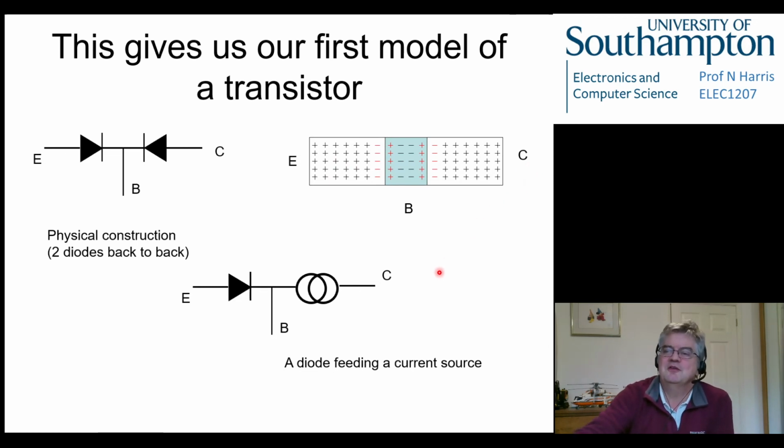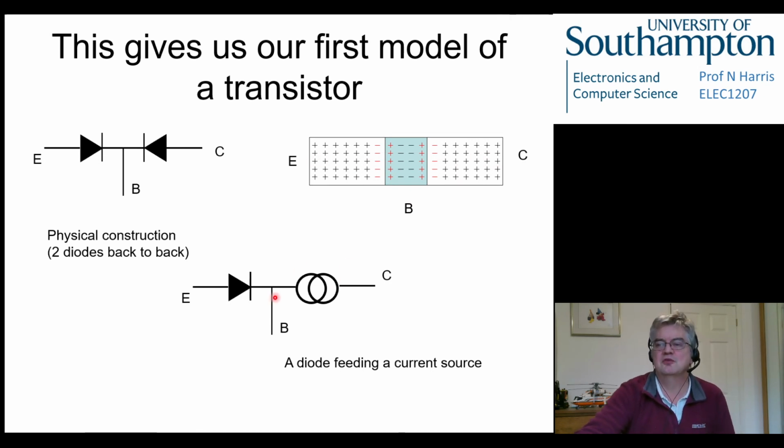If we think about this, we can apply some logic and say, what we've really got is a diode, which is just this one here, this PN diode. And there's something funny going on with this reverse junction diode, but actually it looks to us like a current source, a constant current source, because it doesn't matter what voltage we apply across here, it doesn't really affect the amount of current coming out, because the current that goes in must come out.